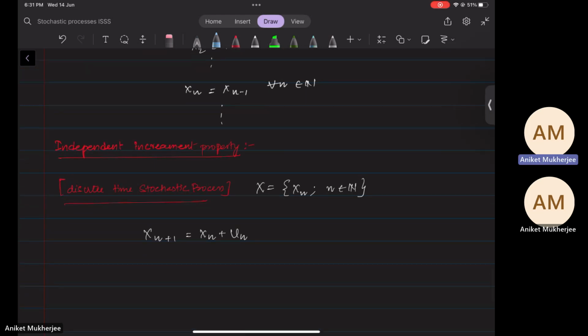This is basically an example of a random walk, which we'll discuss later, but I'm just giving an example. So U is again a random process, and these steps are IIDs. You also have x0 equal to 0, the starting point.